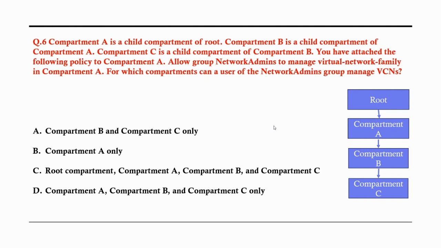I have shown a diagram: root is the topmost, then compartment A, then compartment B, and compartment C. And you are applying the policy on compartment A. When you apply the policy on compartment A, it will flow down to B and C as well. Hence, the correct answer is D: compartment A, compartment B, and compartment C only.